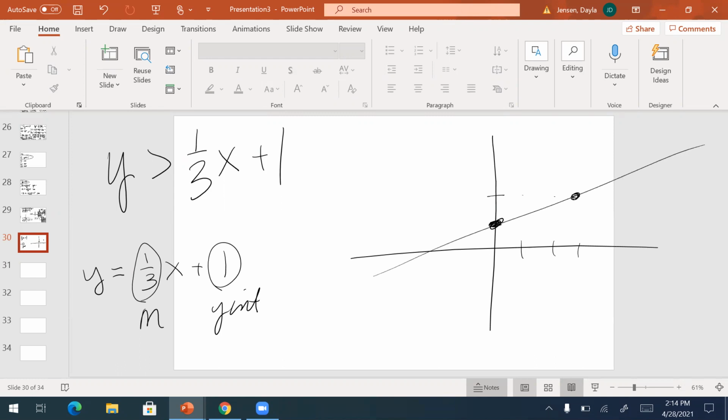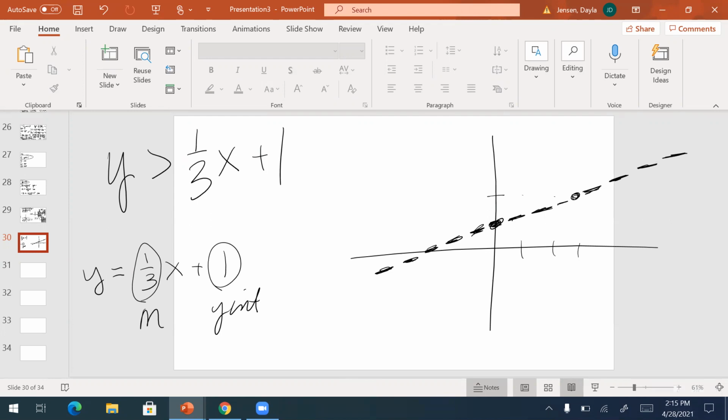So there's that line. We want all values of y that are above that line. And actually, I'm not including the line, so this should be dotted or dashed, not solid. I just want values greater than that line.